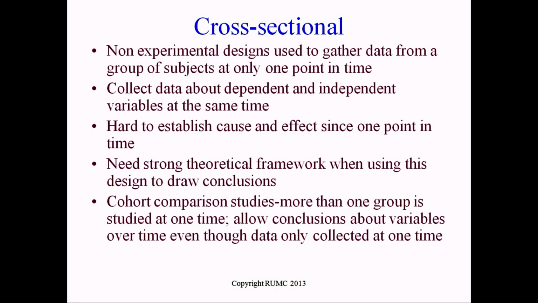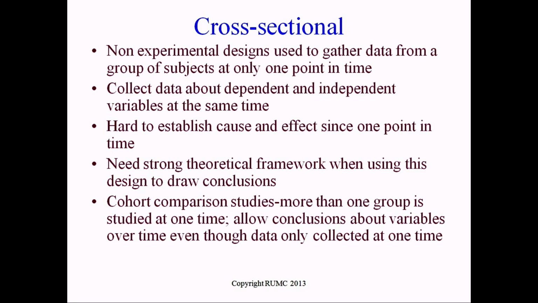So, for example, let's say you wanted to look at blood pressure at just one period of time in a cohort of high-risk individuals. It's just a snapshot. It's like taking a picture at one particular time point.